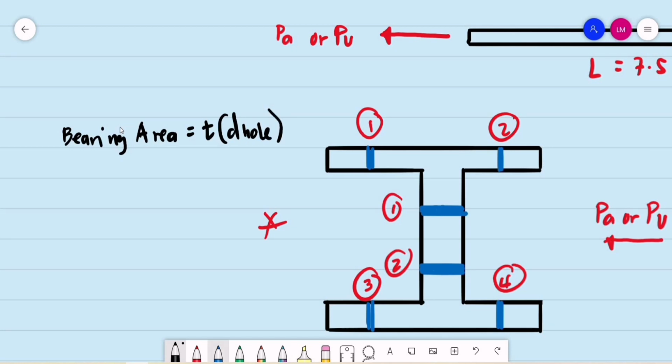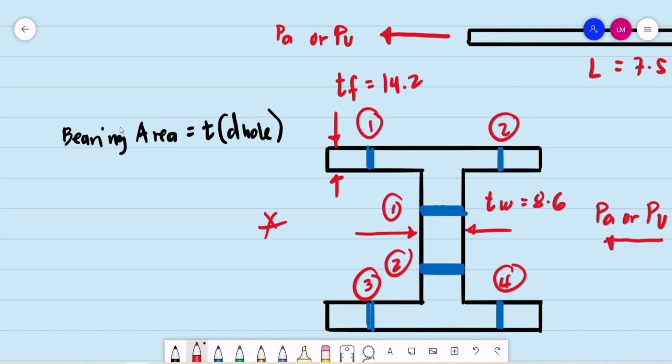For example, for our trial section, the thickness of the flange is 14.2 and the thickness of the web is 8.6. For this portion, what is the area? The bearing area is equivalent to the area of a rectangle, with a width of the diameter of the hole multiplied by its height, that is the thickness of the flange.